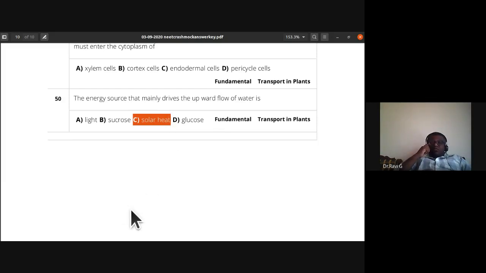The upward flow of water is facilitated by the solar heat, which brings about transpiration, the evaporation. Transpiration is loss of water in the form of water vapor. That water has to get evaporated, and that happens through transpiration, which is facilitated by the solar heat. So for the 50th, solar heat is the right answer.